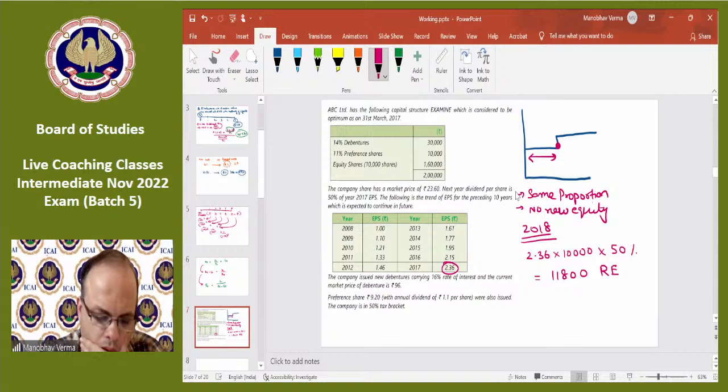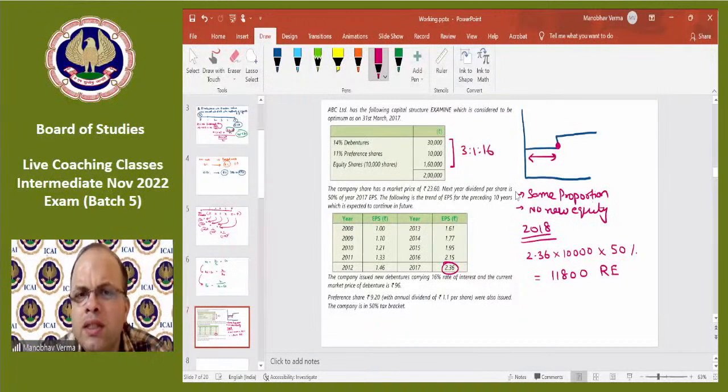$11,800 is what we are looking at. Now, if you are getting 11,800, what is the proportion my capital structure is having here? 3:1:16. Am I correct, guys? This is what we are looking at, 3:1:16. Now, if that is the case, if this retained earnings is part of the equity, that means my total equity will be 16/20.